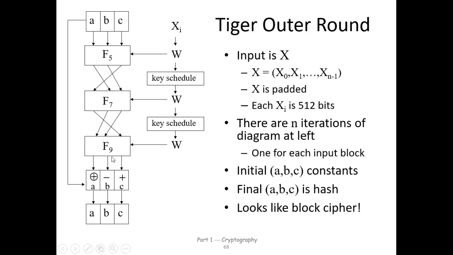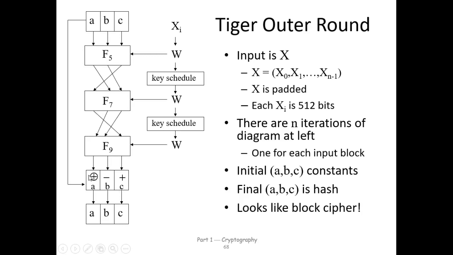And how are we going to get it? You can see this ABC is given as input, and it goes through F5, F7, F9, and finally the output from F9 will be XORed with the original A. Output from F9 is subtracted from the original B. Output from F9 is added with the original C. That is binary addition, binary subtraction.